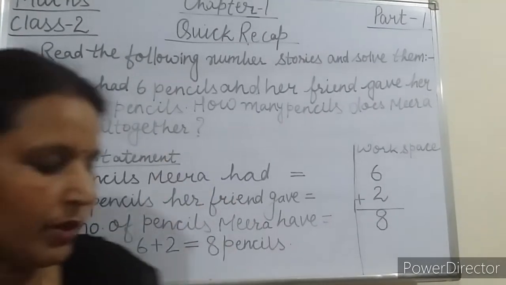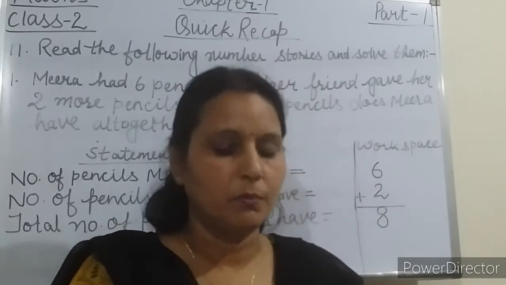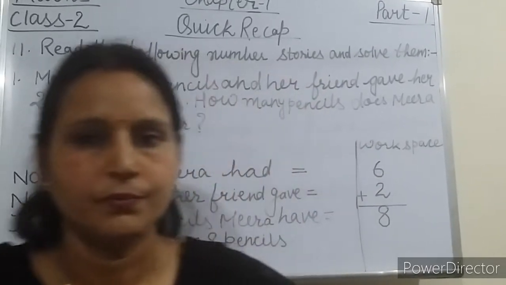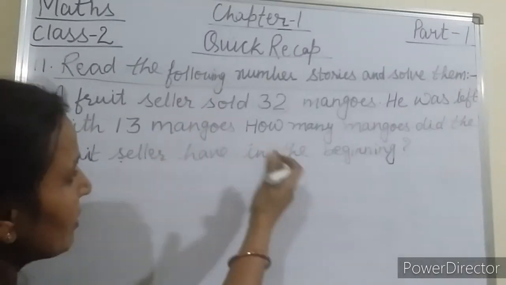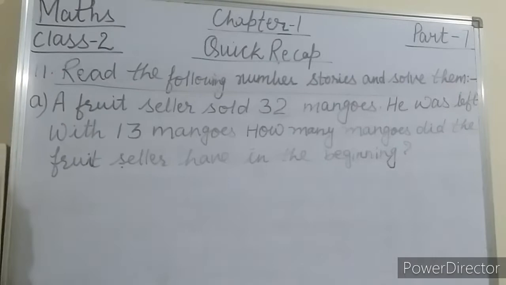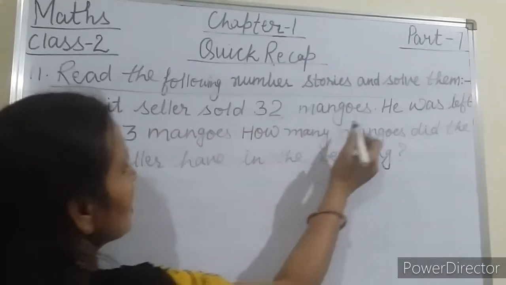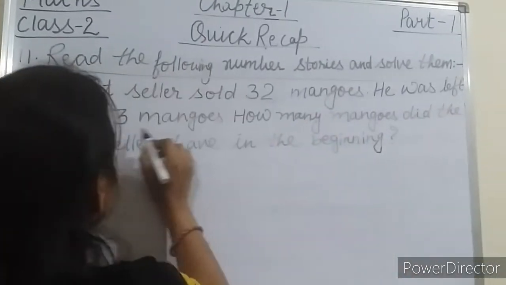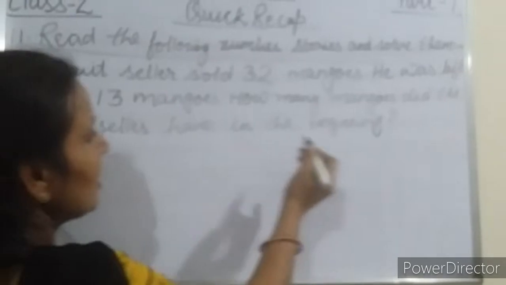Now students, I am giving you one word problem from your book. This question I have given you from your maths course book. A fruit seller sold 32 mangoes. He was left with 13 mangoes. How many mangoes did the fruit seller have in the beginning?